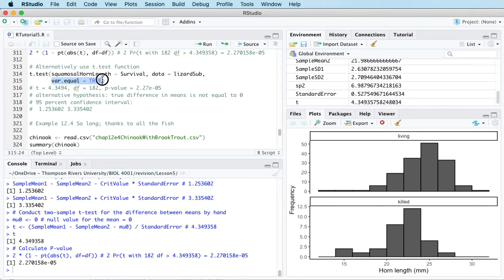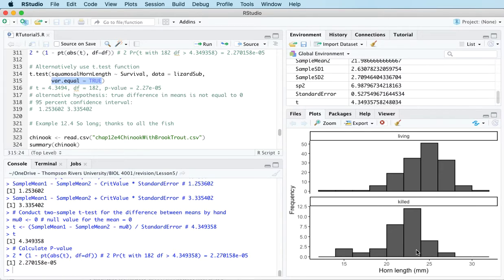And then finally, this var.equal argument, we need to set that equal to true in this case, because this test that we're using makes an assumption about the variances in the two groups. So it's assuming that the variances in the two groups are approximately equal in the population. To assess that visually, we can think about the spread that's illustrated by this histogram for the living group and compare that with the spread for the horn lengths in the killed group.